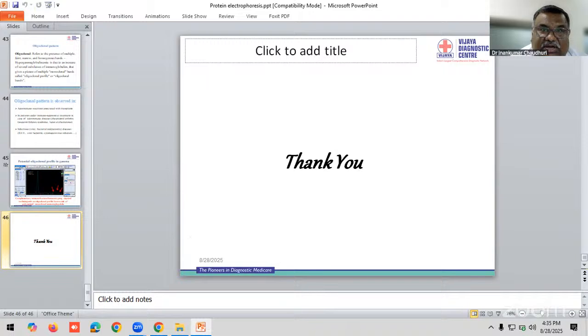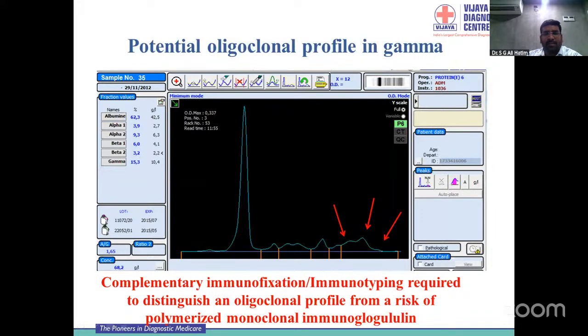One of the questions is, what is meant by polymerized monoclonal immunoglobulin? Immunoglobulin may look like this, or it can be oligoclonal. How to differentiate? It's nothing but polymerization. Some antibodies like IgA and IgM present in the form of polymers.